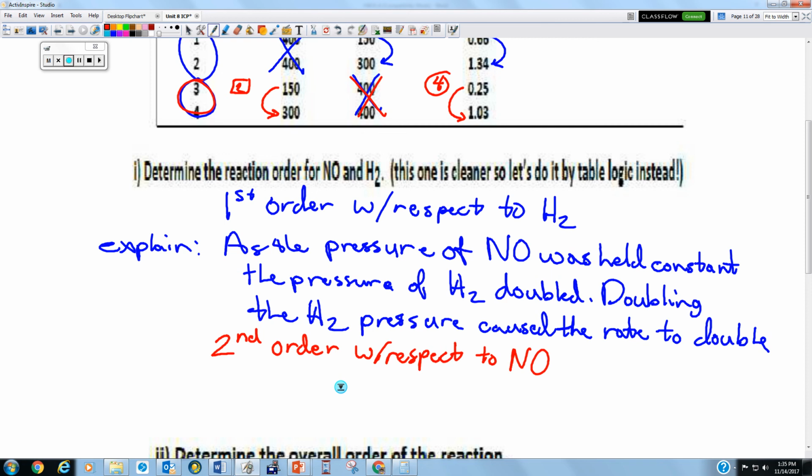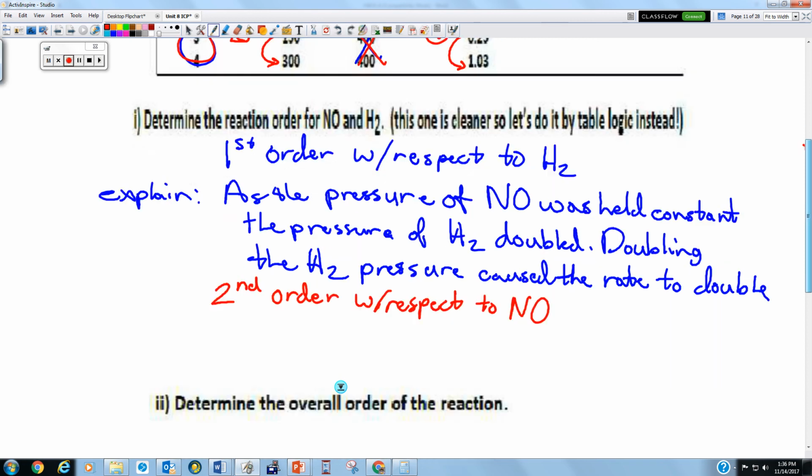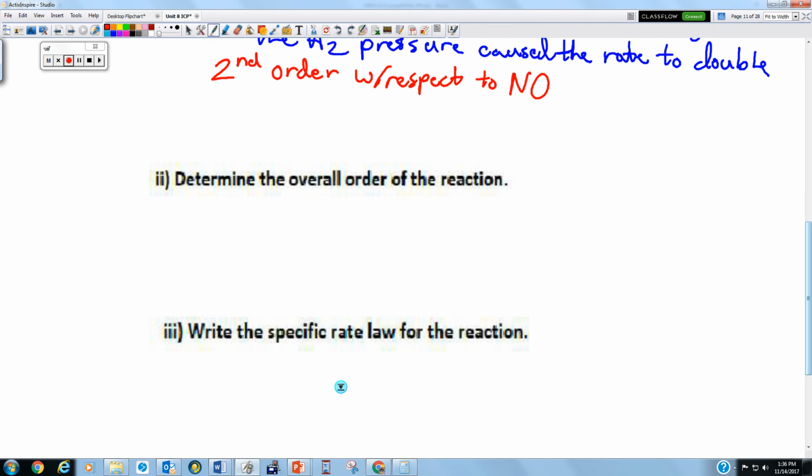All right. Now, going over to the rest of this material. What is the overall order of this reaction? It is going to be 1 plus 2, so you add it. So it's 3. So this is third order overall.